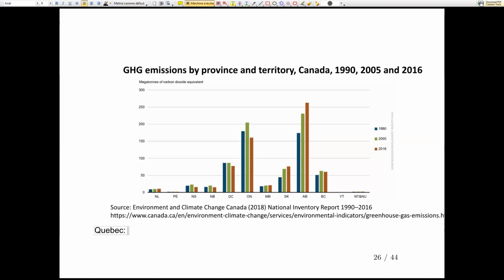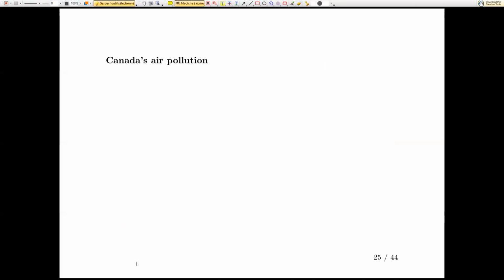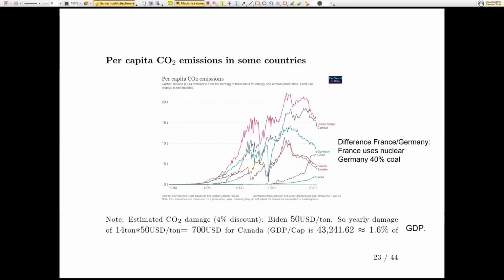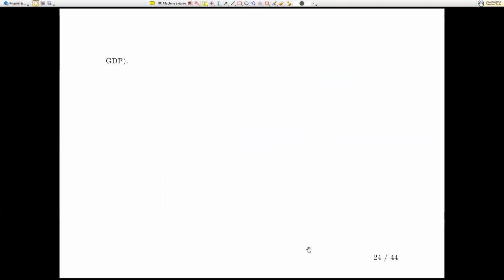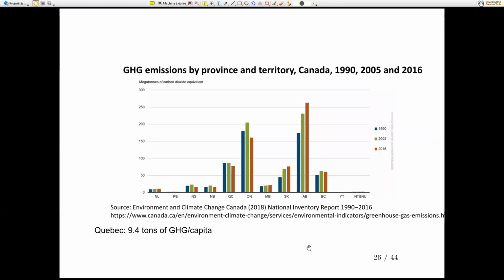Now it's lower than it used to be, but it's way under the national average.